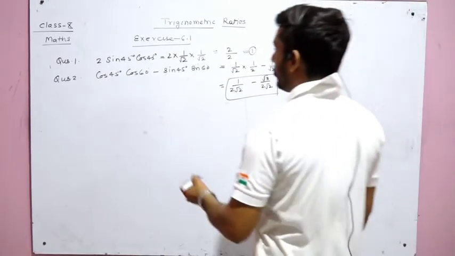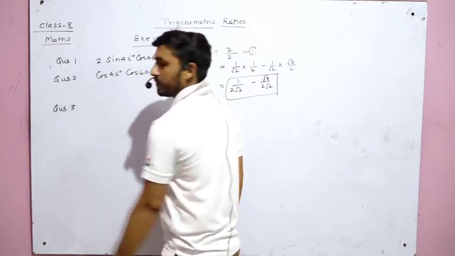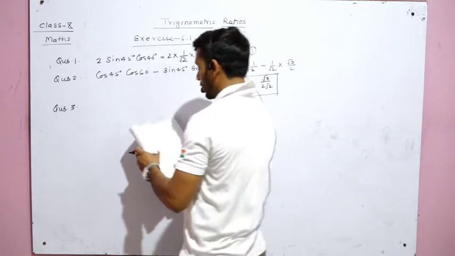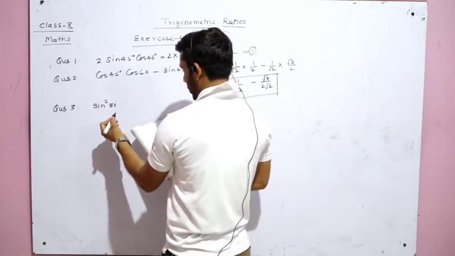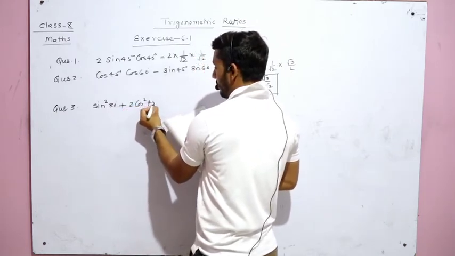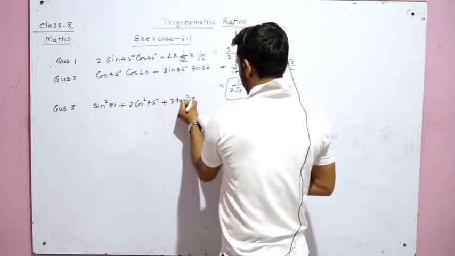Next is question number 3. The given question is sin square 30 degree plus 2 cos square 45 degree plus 3 tan square 60 degree.